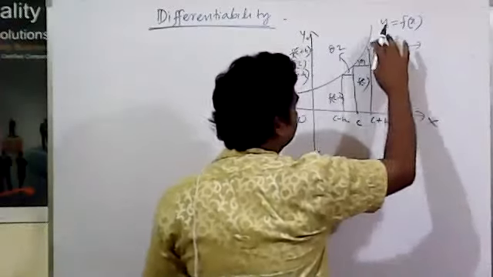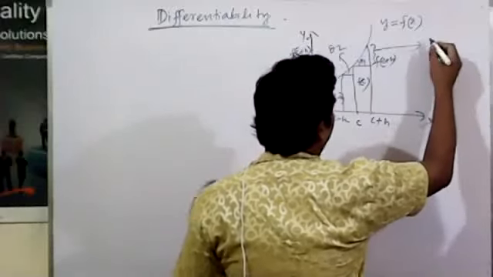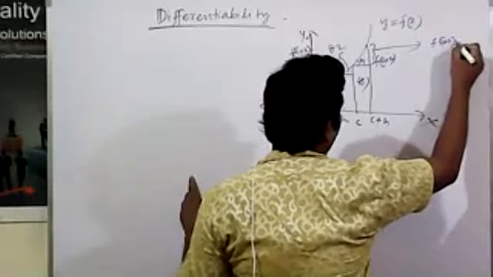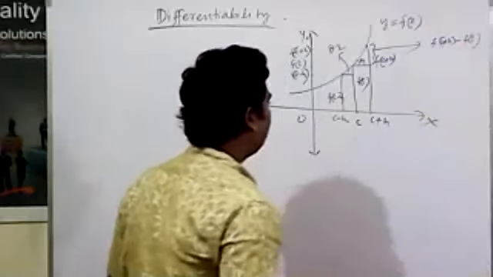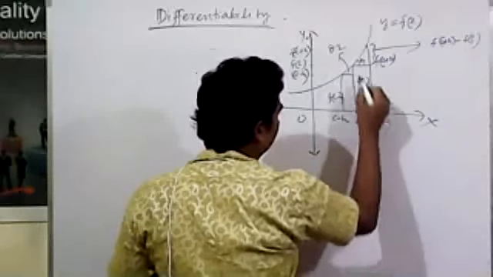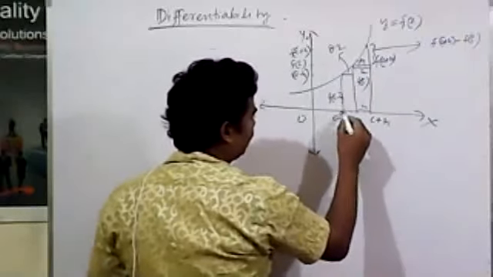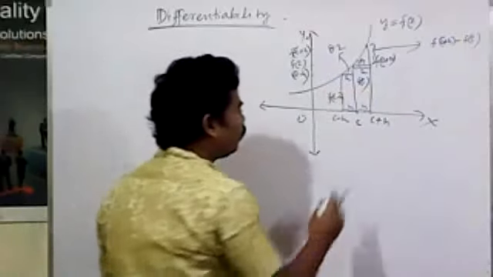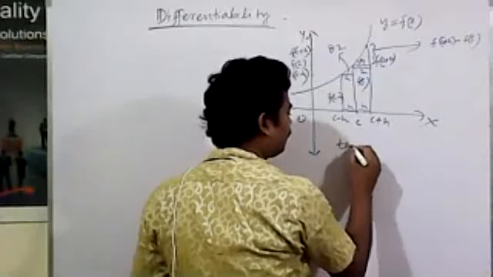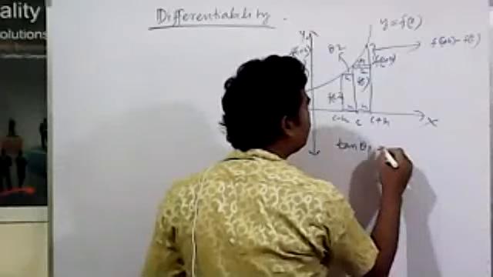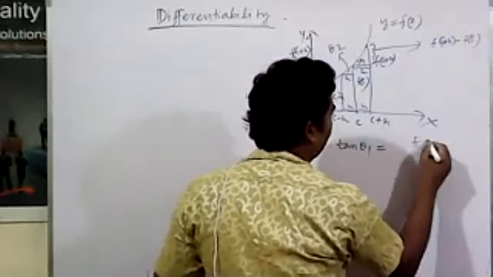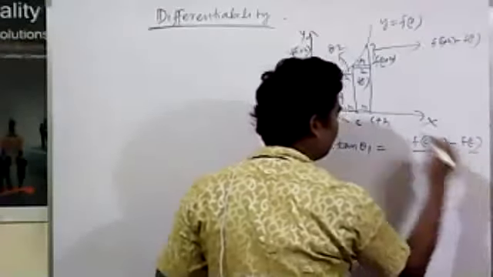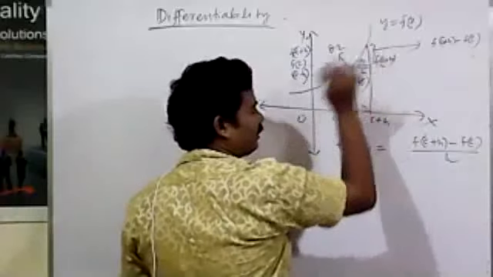So the difference here is f(c plus h) minus f(c). This distance is equal to h. So the slope is equal to tan theta 1, which is equal to f(c plus h) minus f(c) divided by h, that is perpendicular by base.